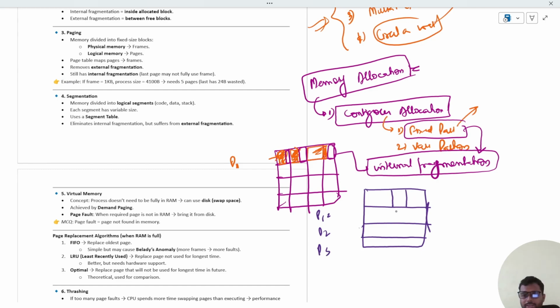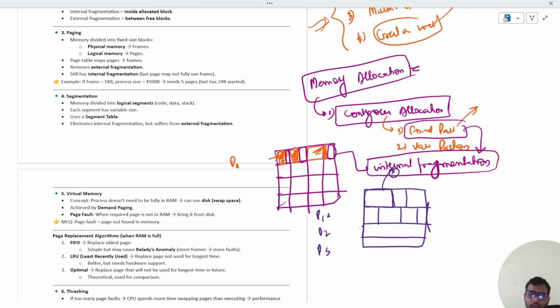So in this case, there will be 100% utilization of each block, because only that much memory is allocated that is required by a process. So there will be no internal fragmentation, but there could be external fragmentation here.